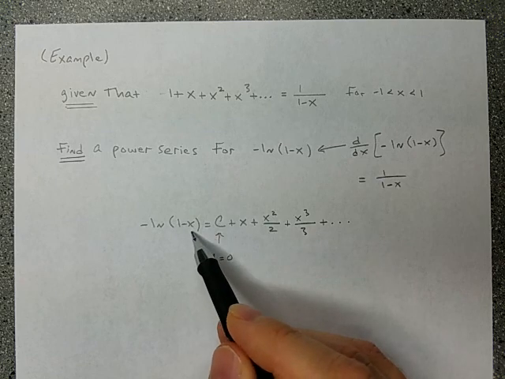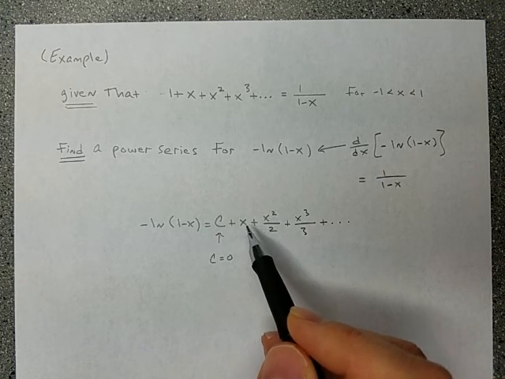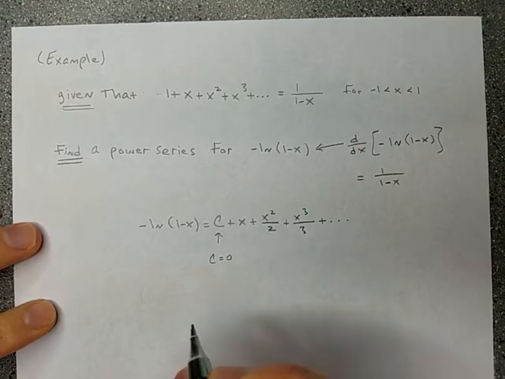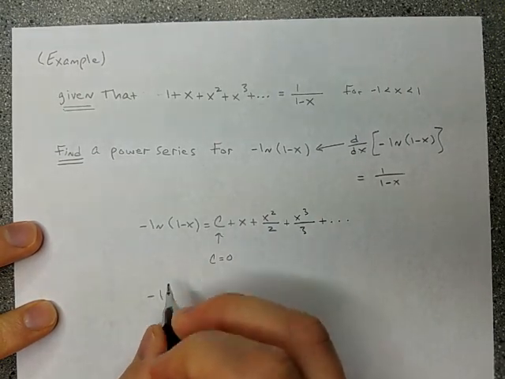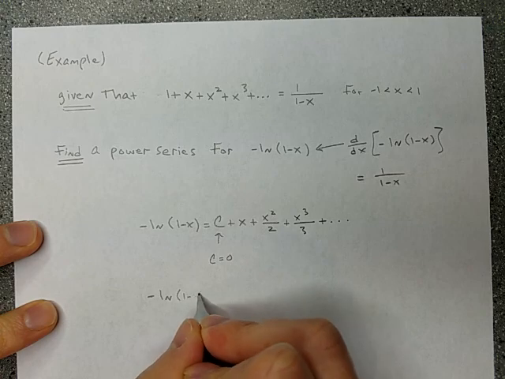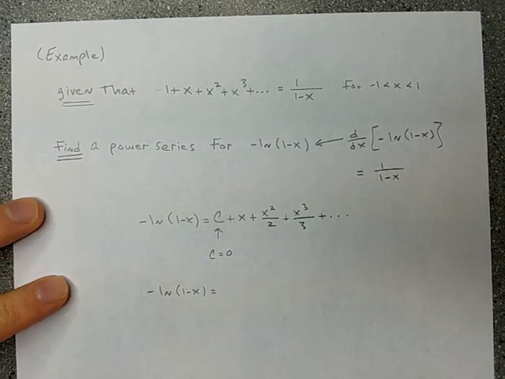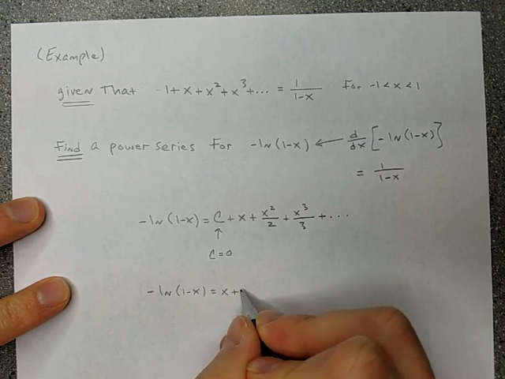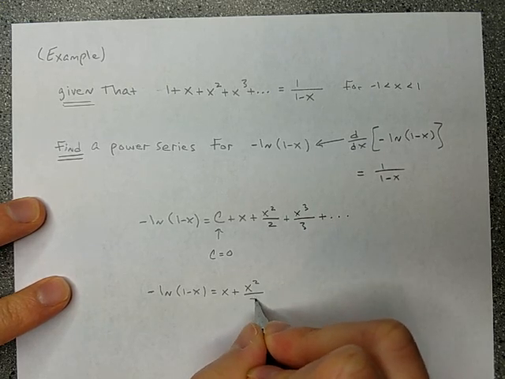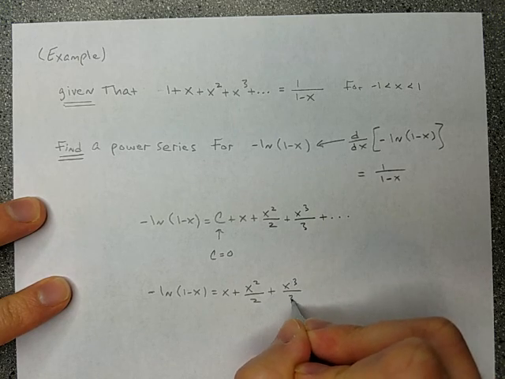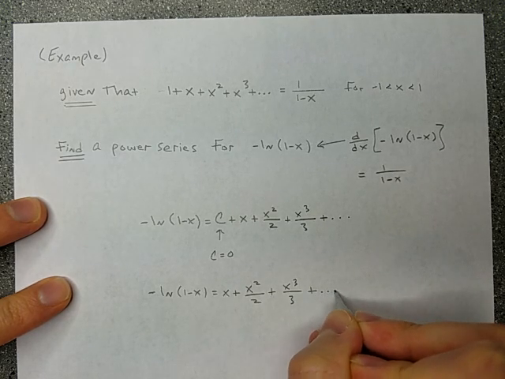But you put in a convenient value of x, and then you solve for c, and that way you know what it is. All right, so let's take it a little further. Negative natural log 1 minus x is, given that that constant of integration turned out to be 0, x plus x squared over 2 plus x to the third power over 3, and on and on.